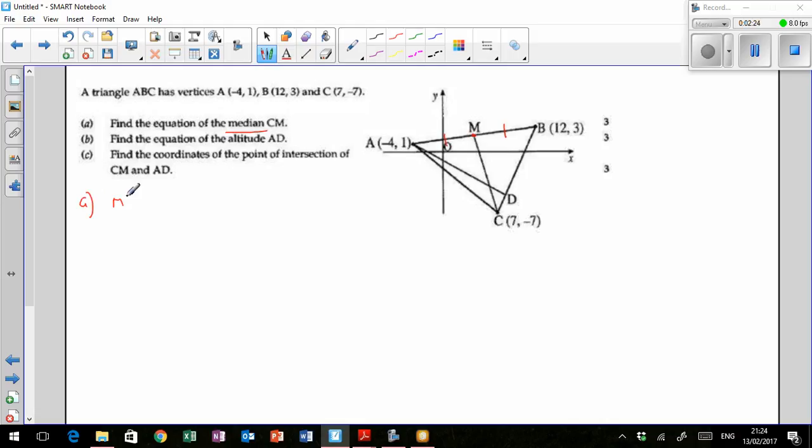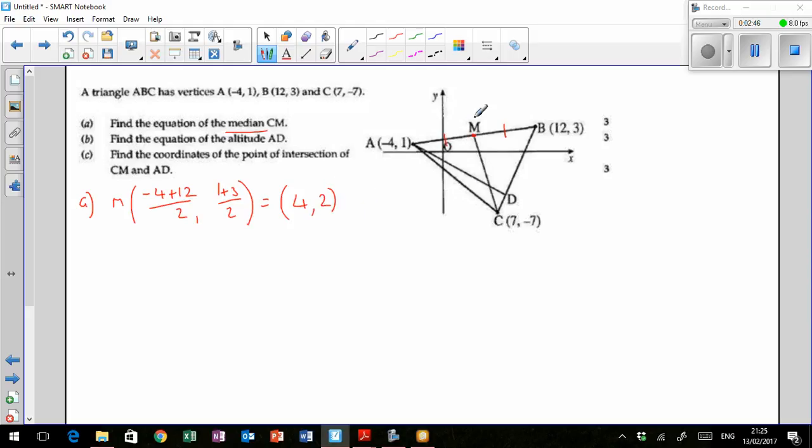Okay, so for A, the midpoint is going to be the two x coordinates added together. So negative 4 add 12 halved, and then 1 add 3 halved. So the midpoint M is going to be, well, 8 over 2, which is 4, and 4 over 2, which is 2.